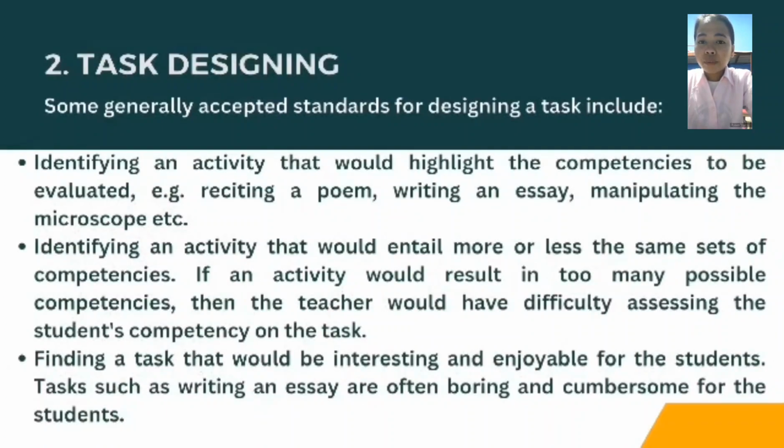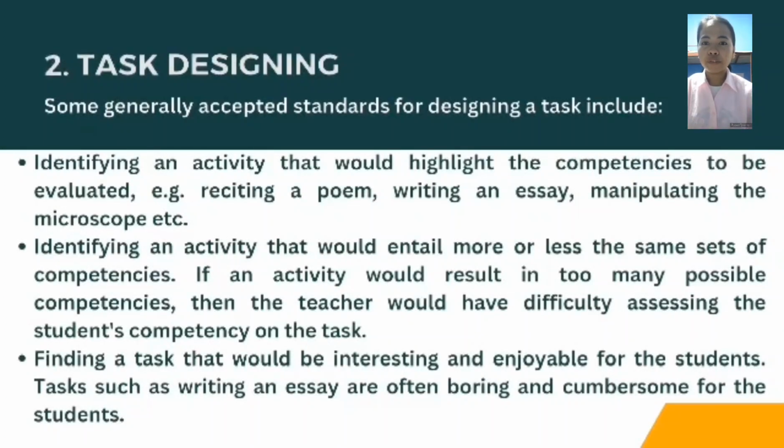If an activity would result in too many possible competencies, then the teacher would have difficulty assessing the student's competency on the task. Third, finding a task that would be interesting and enjoyable for the students. Tasks such as writing an essay are often boring and cumbersome for the students.